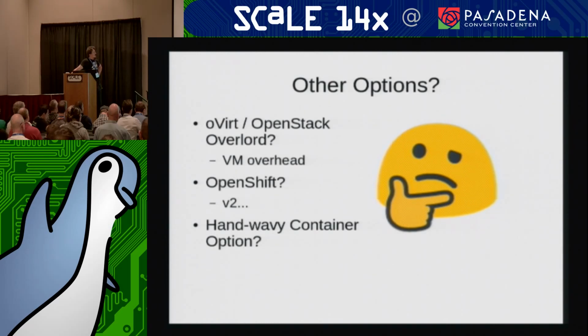OpenShift, in its version 2 incarnation, we're currently at version 3, is still a platform as a service, where your applications are running in containers, but it's an OpenShift-specific sort of container.